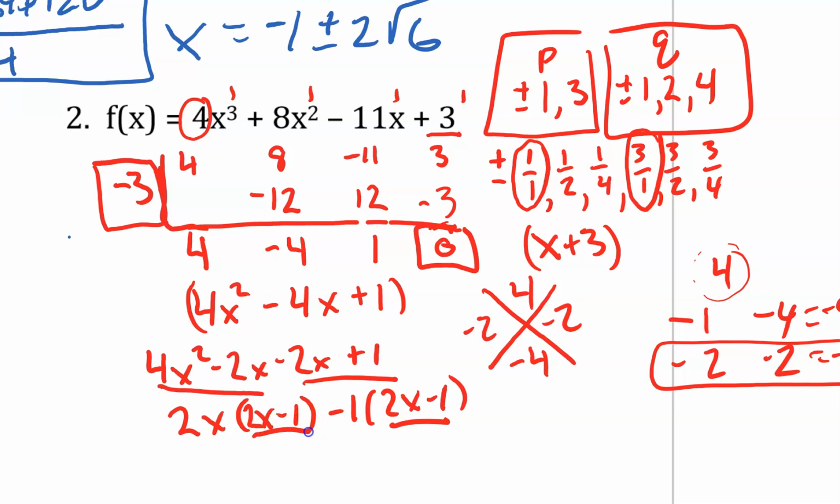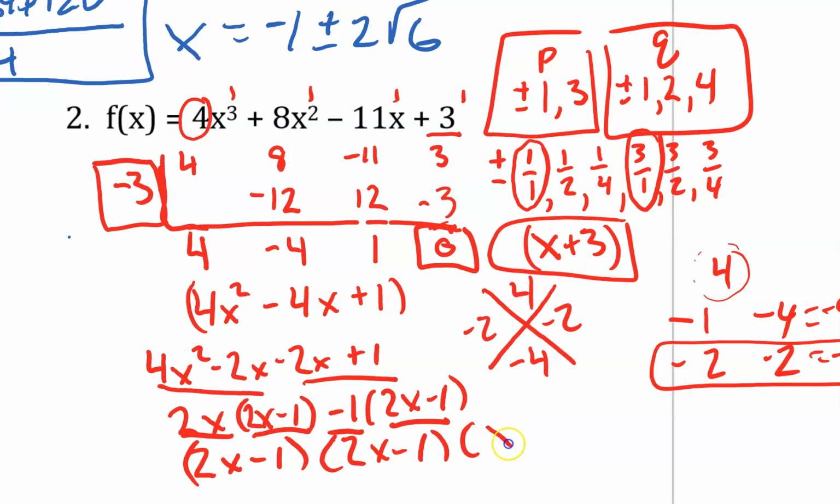So here I have 2x minus 1 is one of my factors. What's that being multiplied by? Well, 2x and minus 1. And then I don't want to forget the first factor I took out. So my fully factored form, f of x equals 2x minus 1 times 2x minus 1 times x plus 3.